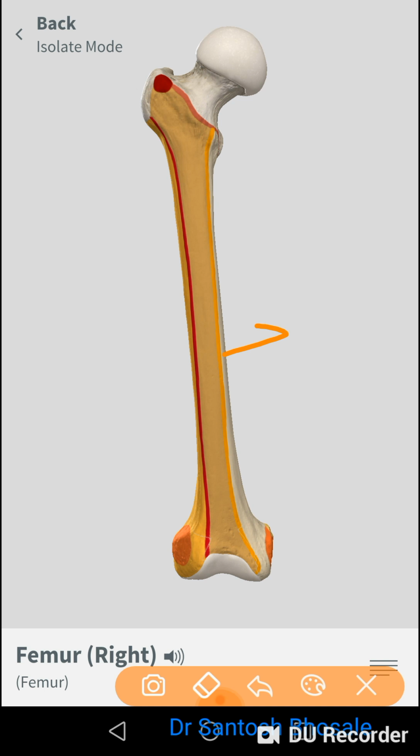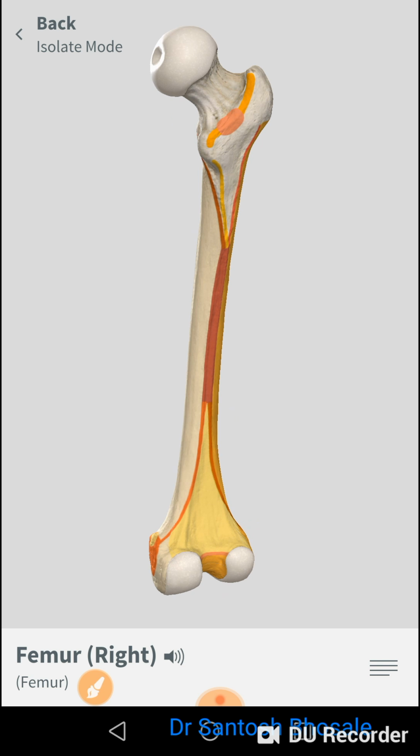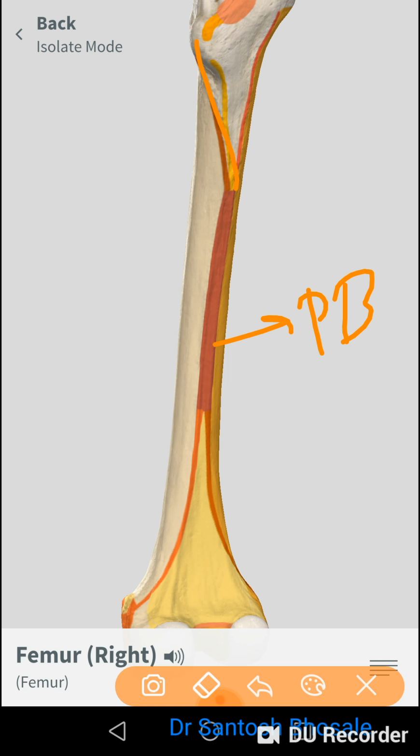So this is the medial border, this is the lateral border, and posteriorly you can see this is the posterior border, but the posterior border is expanded above and below, diverging above and below, that we will discuss.